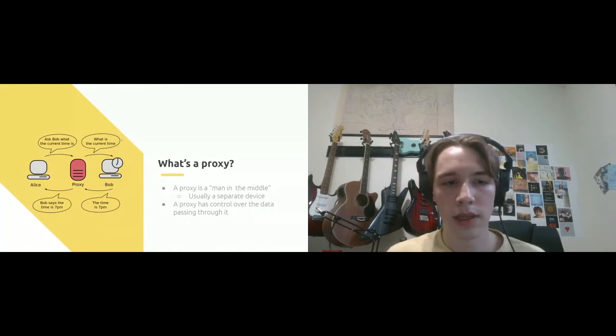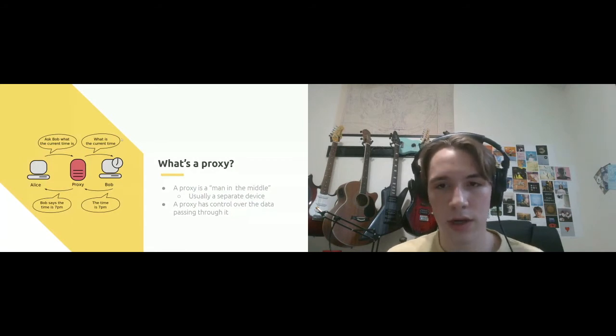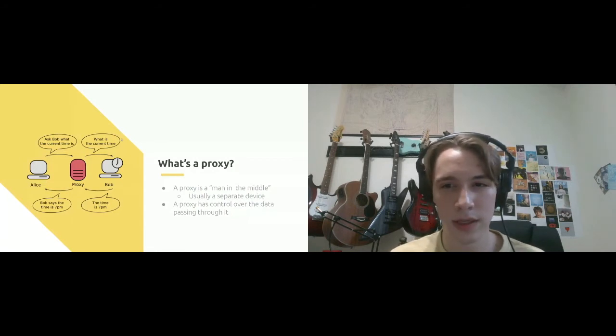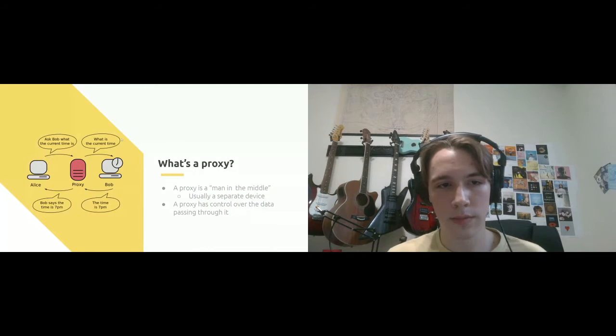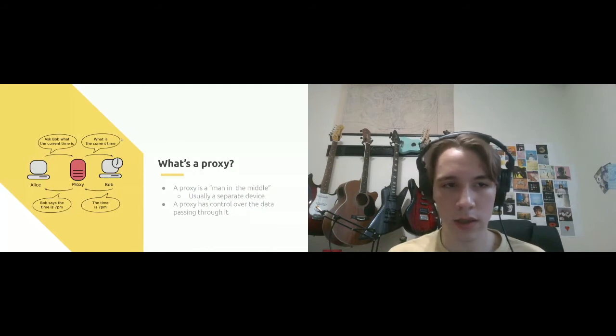This allows us to do a couple things. Usually proxies are used as a privacy thing. If Alice uses a proxy to talk to Bob, Bob doesn't know who Alice is. Bob only talks directly to the proxy, so there's a bit of anonymity.